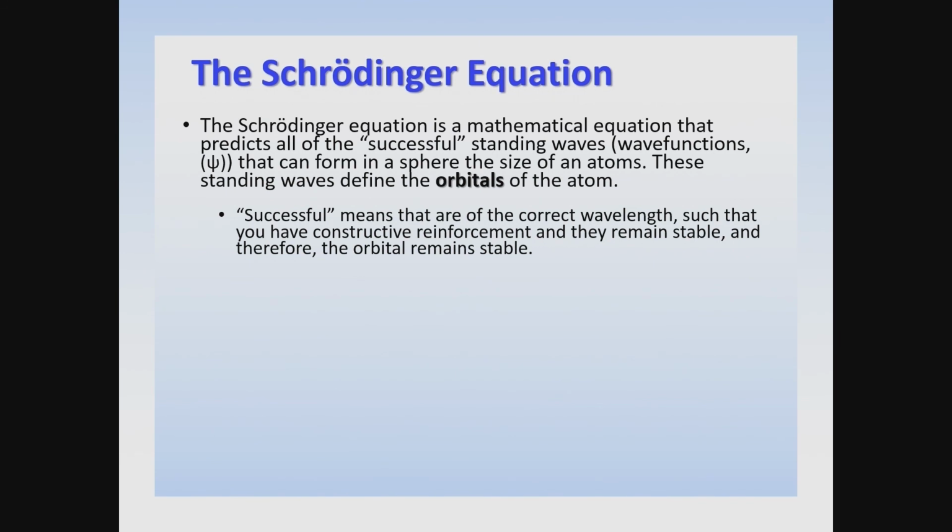You can go a little further out and create other standing waves where you can find electrons. These standing waves are modeled using the Schrödinger wave equation. The only thing you really need to understand is that these standing waves tell you the regions in space where you have a high probability of finding an electron, and those regions in three-dimensional space are called orbitals.